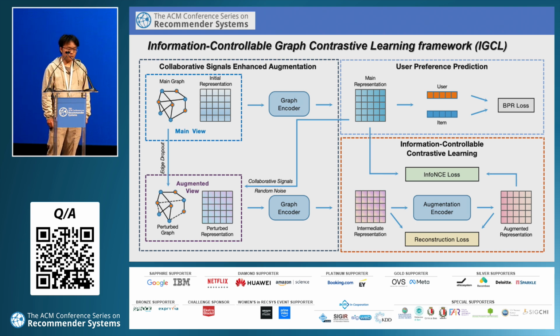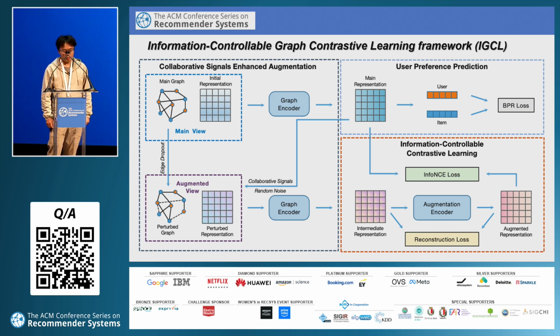This is done using a graph-based encoder like multi-layer GCN, which captures intricate user-item interaction patterns, and it ensures that the augmented representations contain not only the necessary variations for contrastive learning, but also rich information that is relevant to the recommendation task.